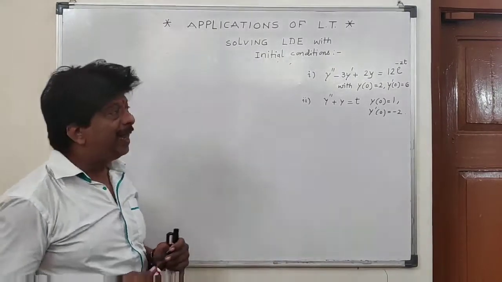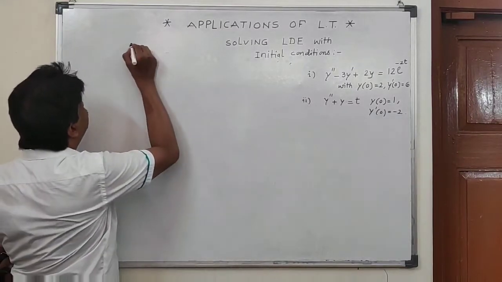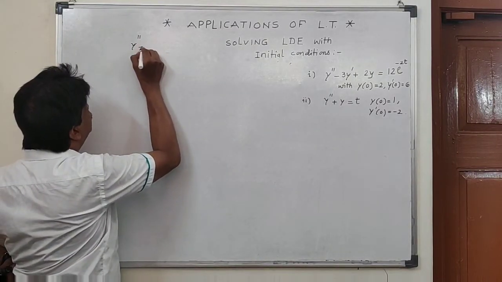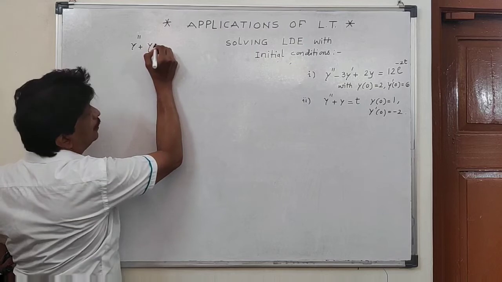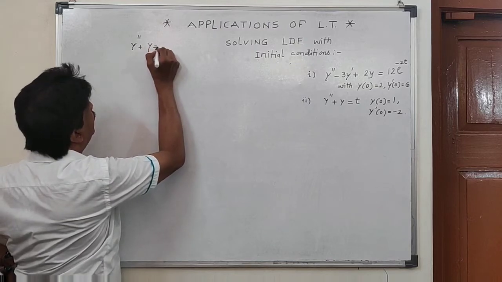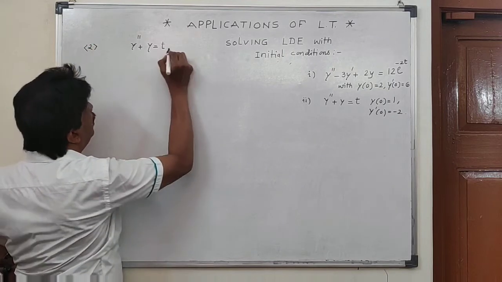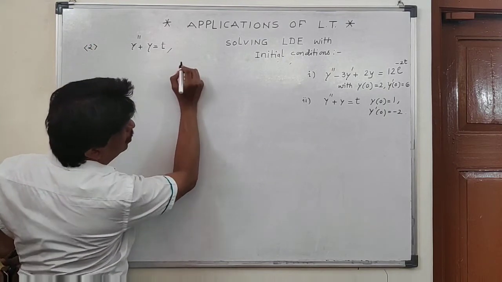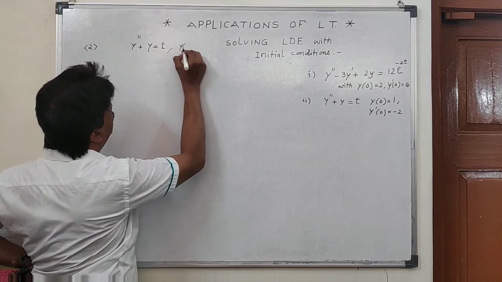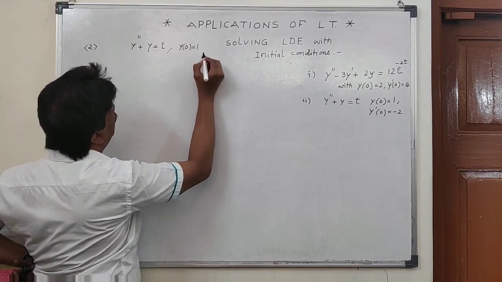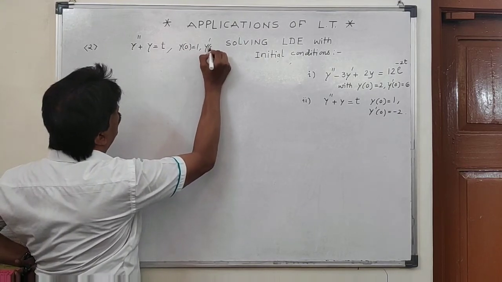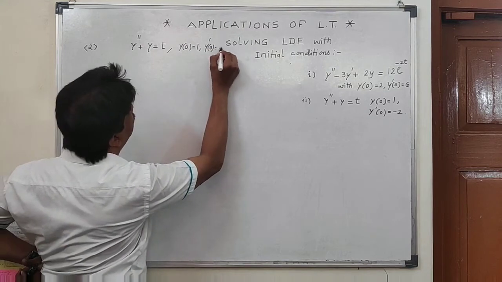Next example is y double dash plus y is equal to t. Initial conditions are y of 0 is 1, y prime of 0 is minus 2. Okay.